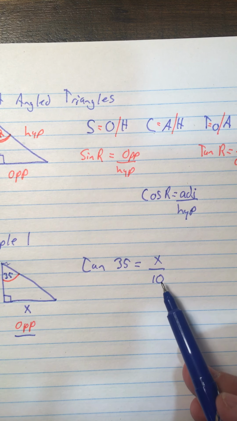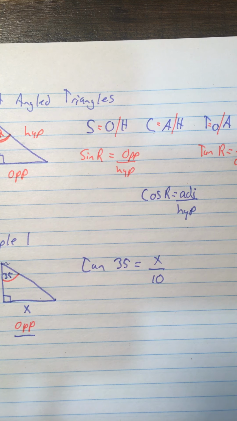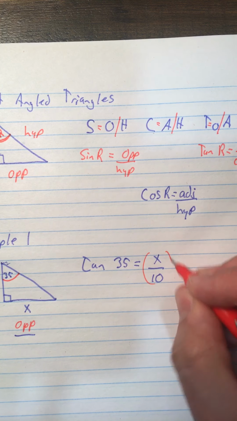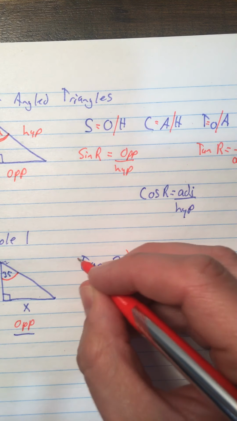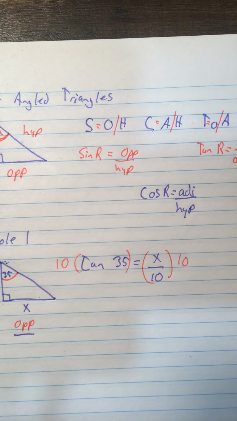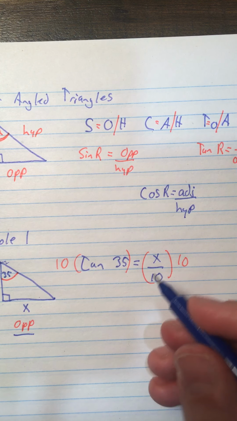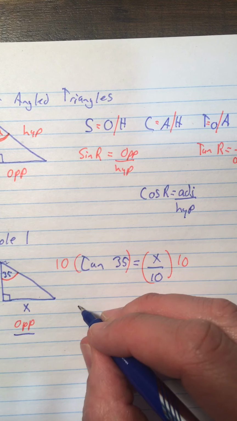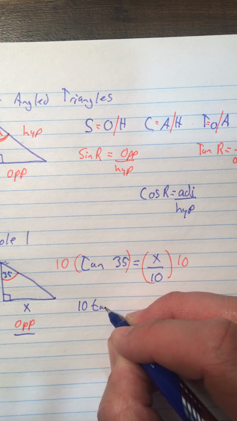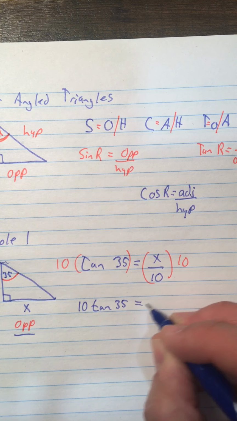I have x divided by something, and if I want to solve for x, I better multiply both sides by the denominator. So I'm going to multiply both sides by 10. Tan 35 is just one number. So 10 times tan 35 equals x.